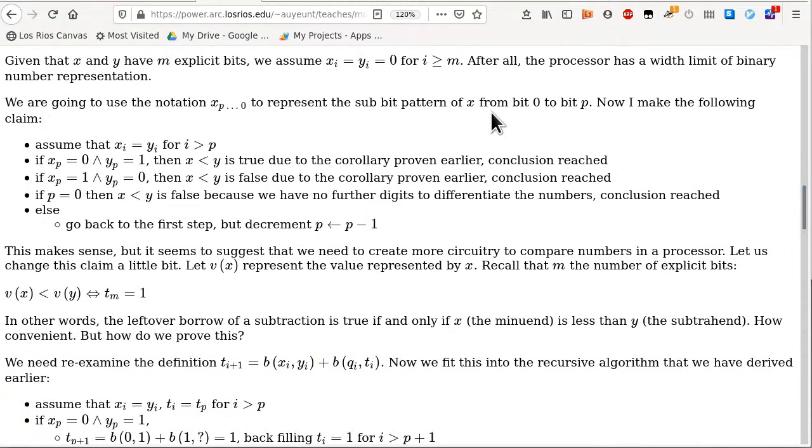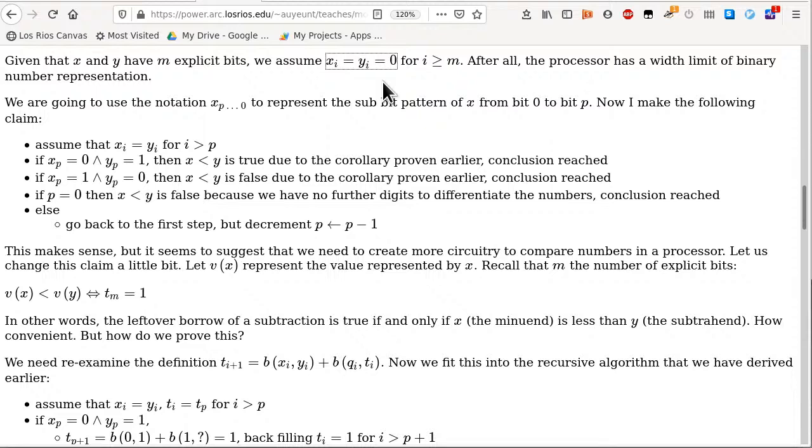All right. So now we want to look at x, which is a bit pattern, and y, which is also a bit pattern, and each one has m explicit bits. Because we can always say there's an infinite number of bits to the left-hand side and they're all zeros, so let's not deal with it. We just say that there are m explicit bits that are represented here. And we make the assumption that xi is the same as yi, and it is 0 for i greater than or equal to m.